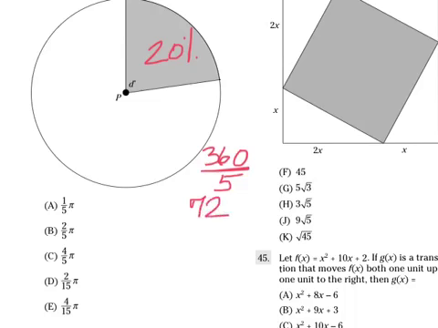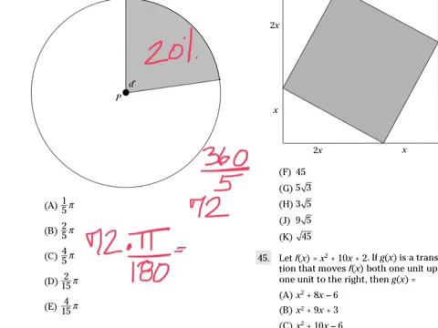So if that's 72 degrees, it wants to know what its measure is in radians. Do you remember radians from Algebra 3? Alright, so if I want to convert 72 degrees into radians, I have to multiply by pi over 180.